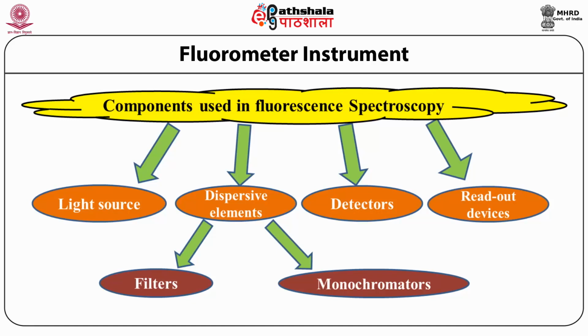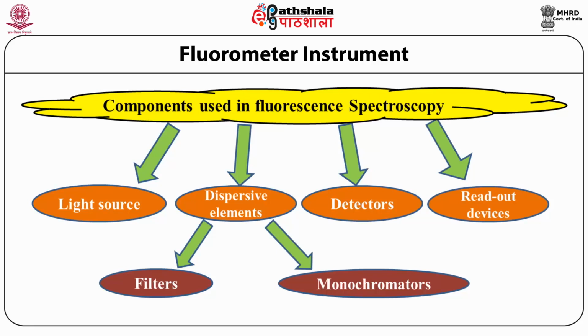The typical fluorometer instruments include the basic items of a source of light, a specimen chamber with integrated optical components and sample holder, and also contain a high sensitivity detector. First, let us see about the light sources.